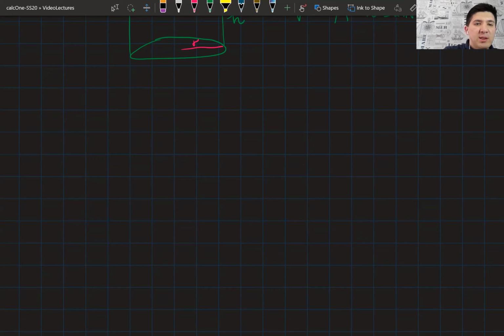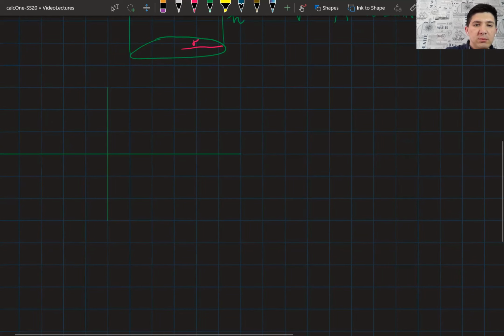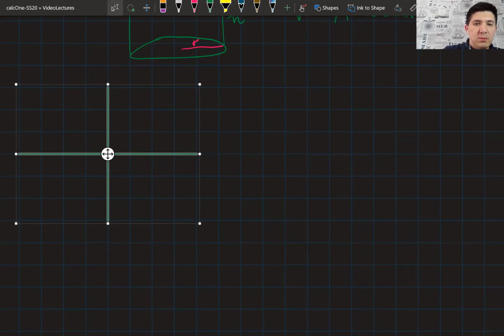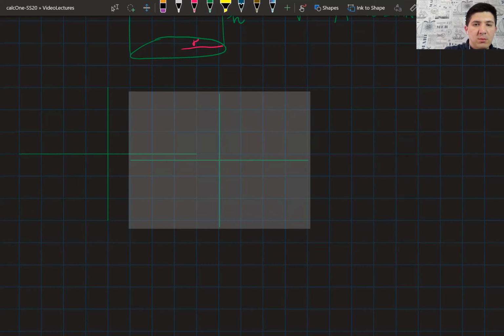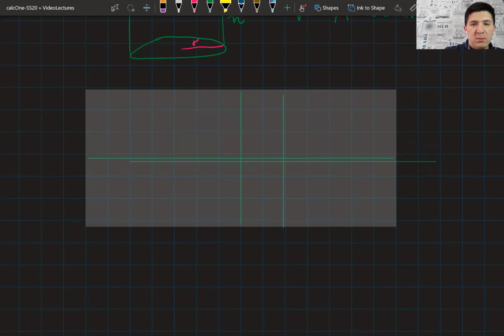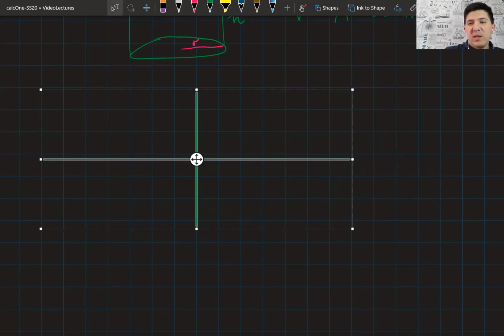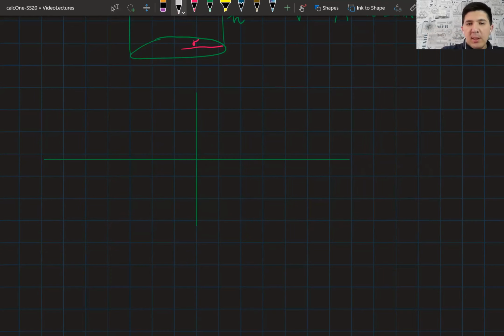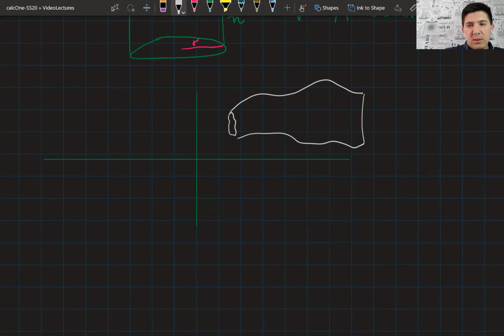So for example, let's say I've got an object like this one. This is going to be our x-axis, and we just need to find its volume where x changes between a and b.